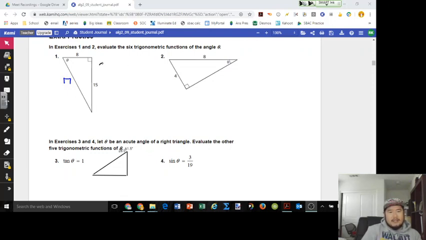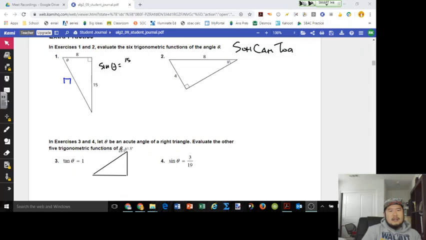Let's start off with sine theta. And don't forget, we have SOHCAHTOA. Sine is going to be opposite over hypotenuse. Opposite the angle theta is 15, and then the hypotenuse is 17.